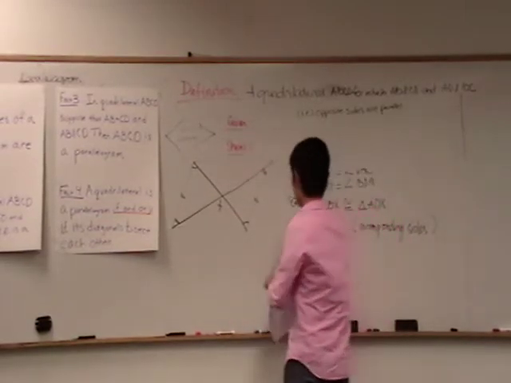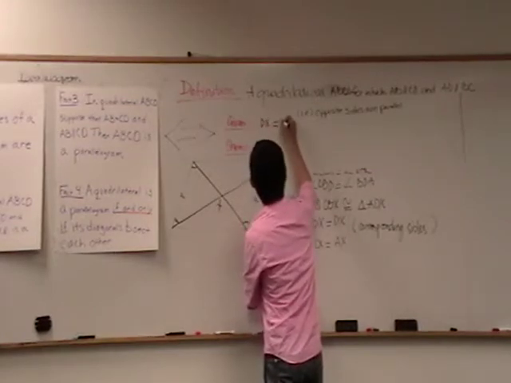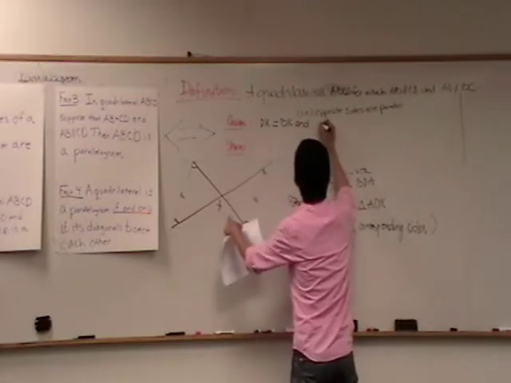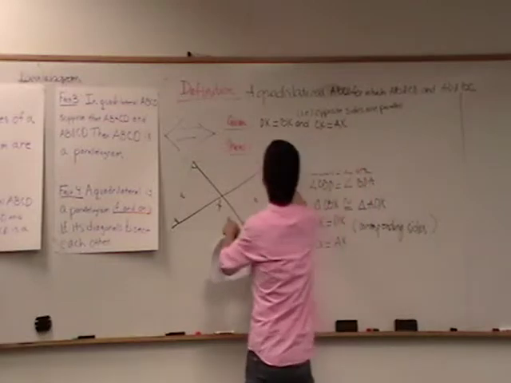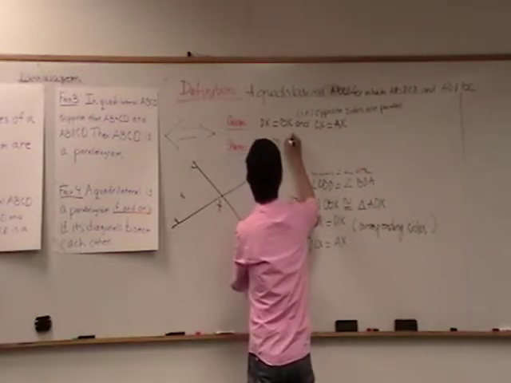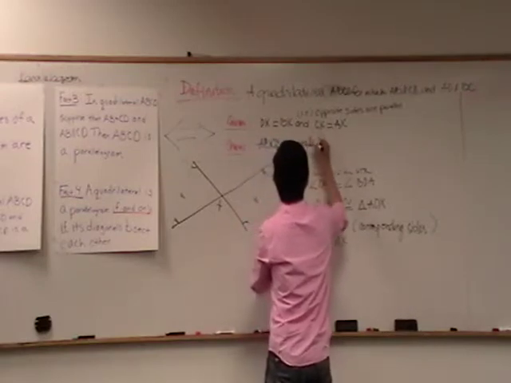Sorry. So now we have DX equal BX and CX equal AX. We have to show ABCD is a parallelogram.